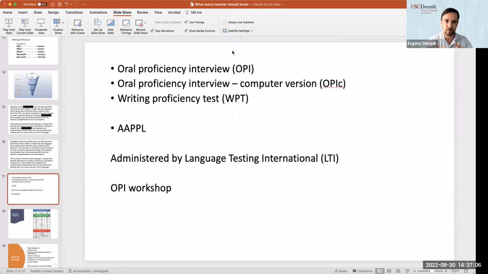They have nice summaries of the tests and the proficiency levels, and you or your students can request an individual test through LTI. And again, like I said, try to attend the OPI workshop. If the place where you're at offers an OPI workshop, do it, because that will help you.